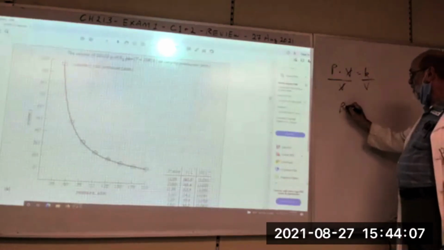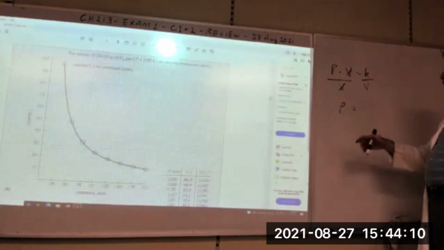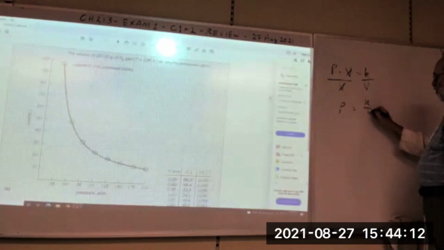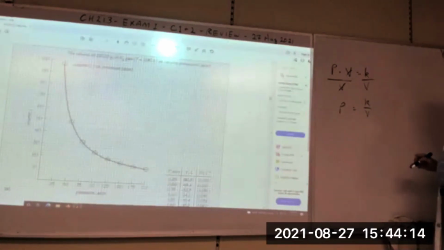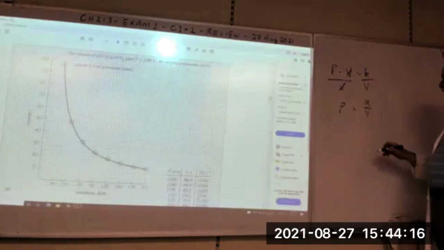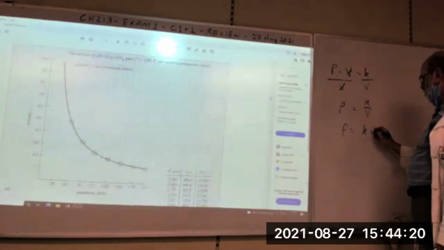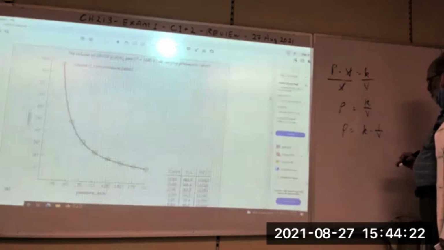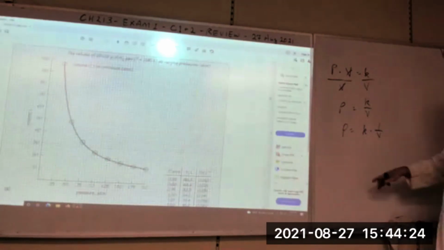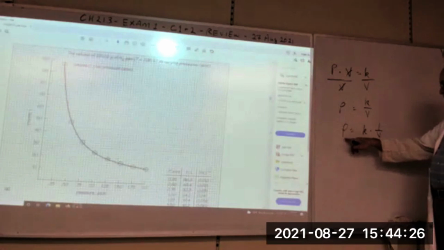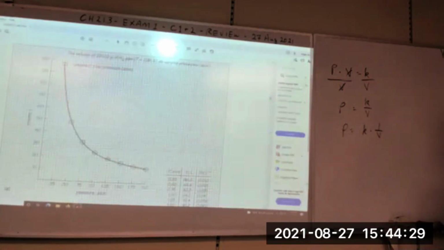So now what you have on this side is P, but you got K over V on this side. Well, that doesn't look quite like a straight line. What if we do like this? Factor that V out. Now you're talking. Well, now, what did we say about Y? It was the dependent variable.